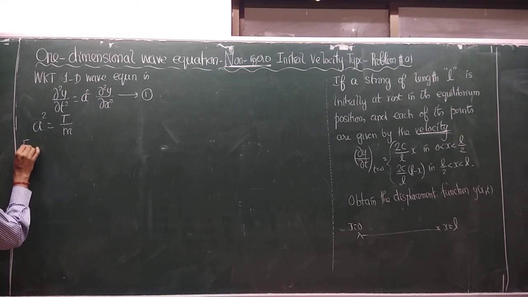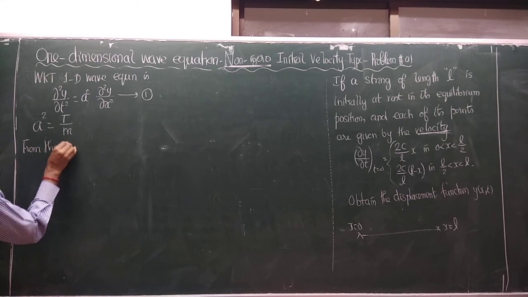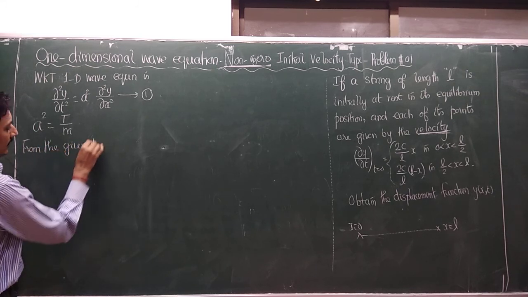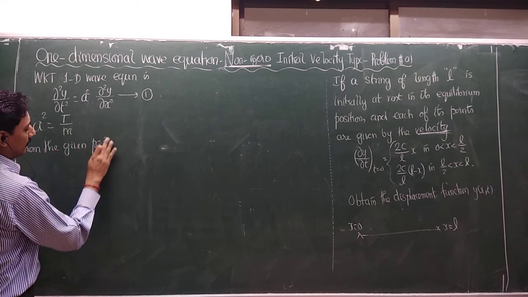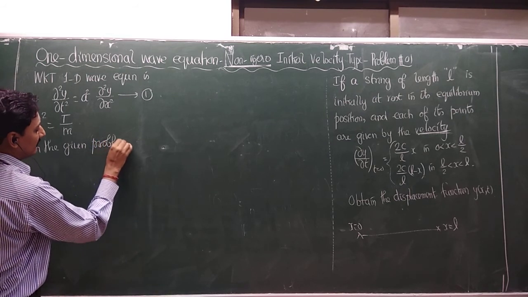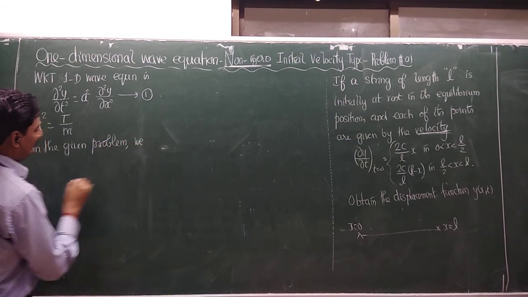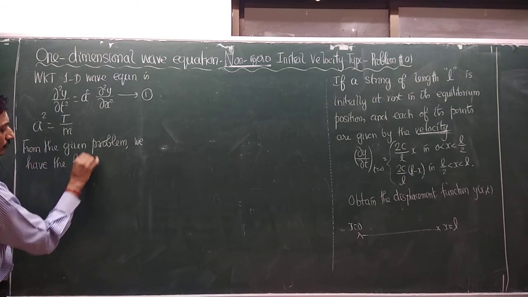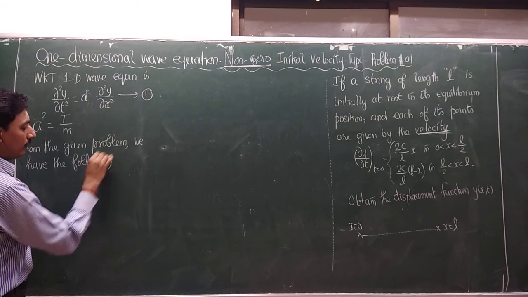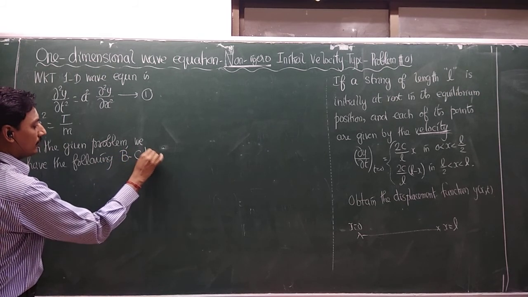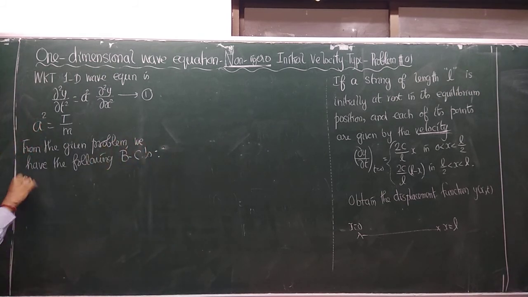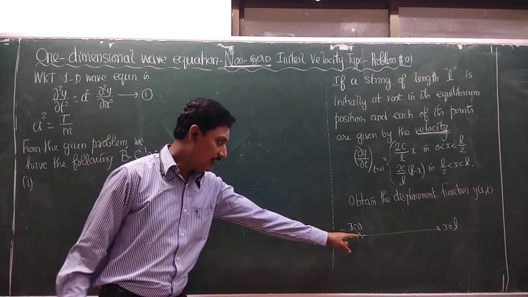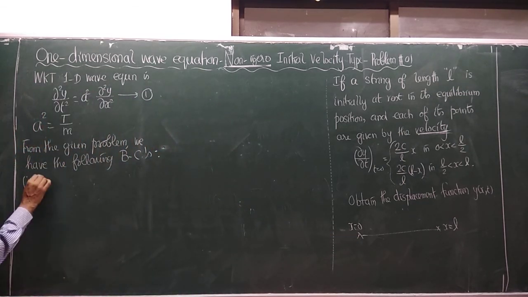Now, from the given problem, this comes under non-zero initial velocity. So from this problem, we have the following boundary conditions. The first boundary condition is for the left end x = 0, it is fixed.